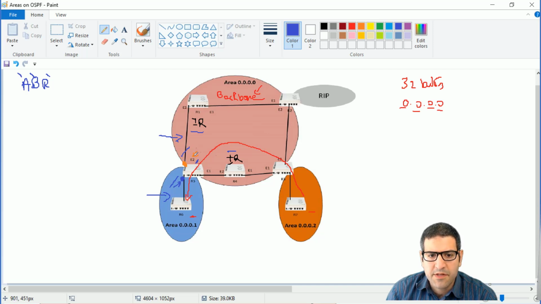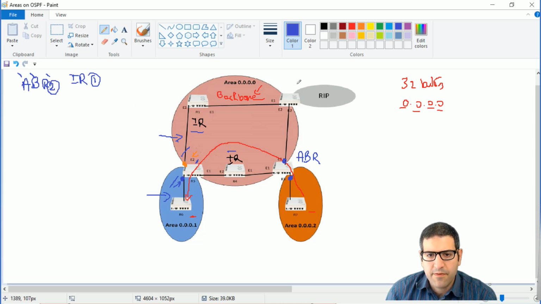So this router keeps in its memory the topology of the two areas. The same happens on router 3 here. It also has one interface in this area and one interface in this area, and that is also called an ABR. So we have first the internal router, and then the ABR, the second type of router.